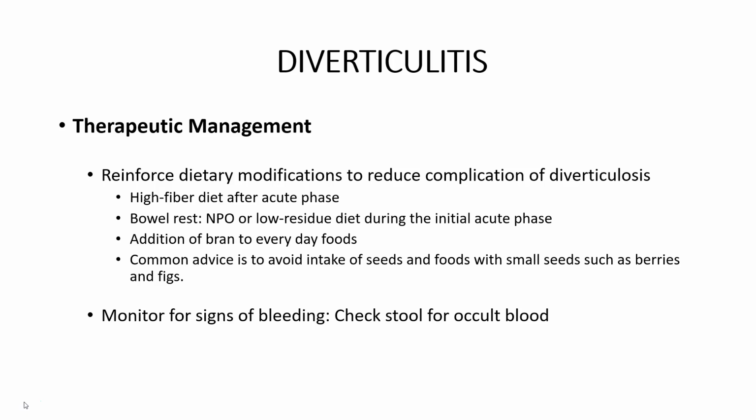So we'll start you off on a high fiber diet. Fruits, vegetables, okay? You're adding bran to your foods every day to give that bulk. All of these things are trying to prevent the constipation that precedes the diverticulosis that can precede diverticulitis. Okay, so we have to start with diet first.